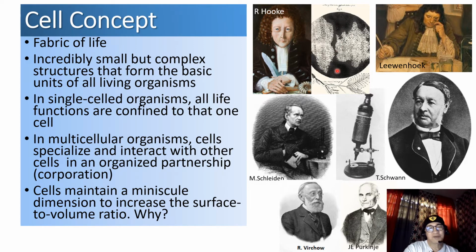But it was about 200 years later, in the 1830s, that Matthias Schleiden and Theodor Schwann published their idea that all plant and animal tissues are made up of cells. It was only at that time that the cell theory was recognized as acceptable.